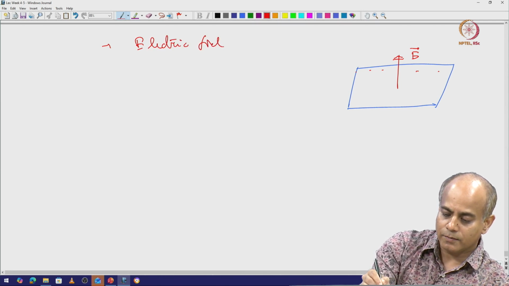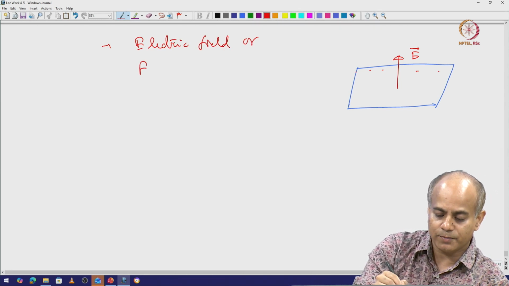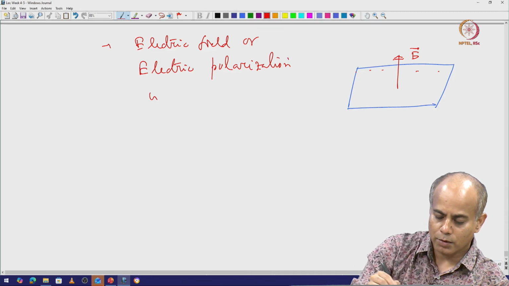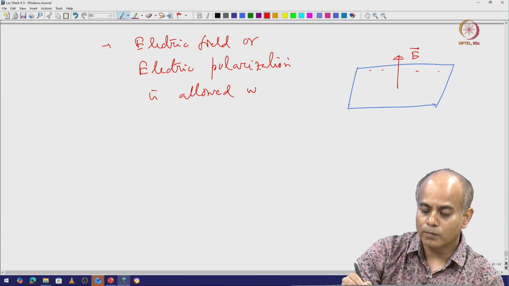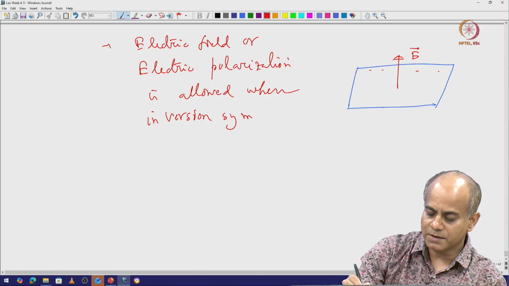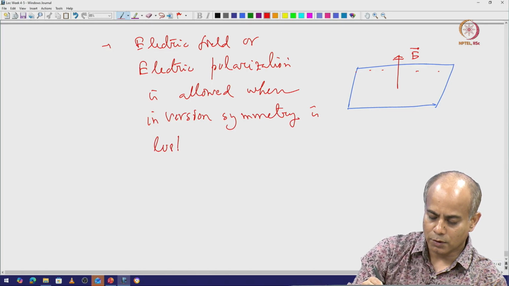Electric field or electric polarization is allowed when inversion symmetry is lost.